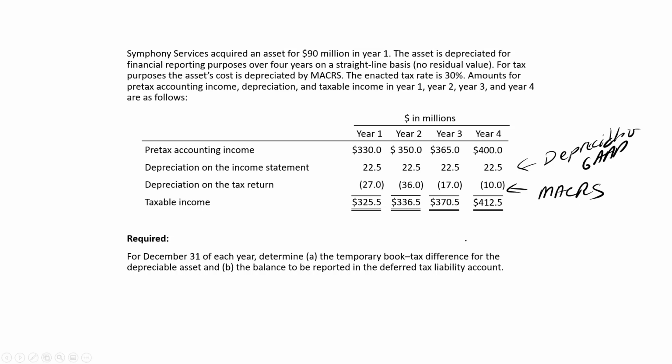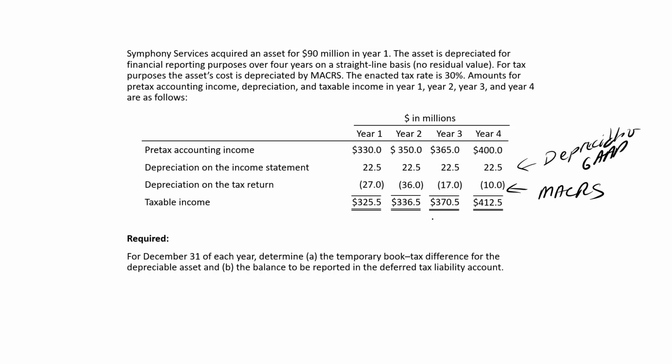In the previous problem, I said, well, here's the income without depreciation. But of course, if we were actually going out there in a company, that's not realistic. What we end up with on our income statement is pre-tax accounting income. There's no line on there for income before depreciation. So we have to back out the depreciation as an expense by adding it back, and then we subtract the depreciation on the tax return to get to our taxable income here for this problem.